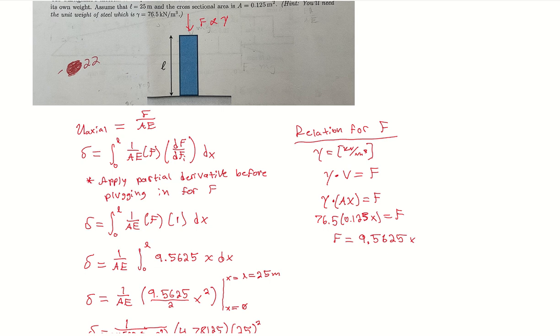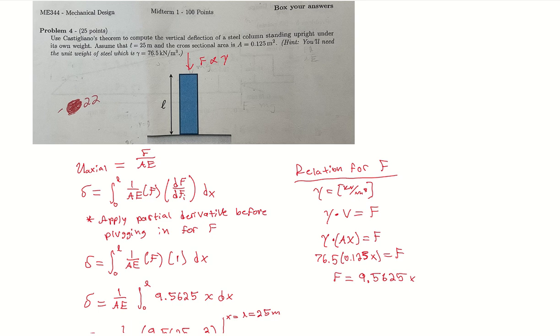Now, to begin the problem, we will start with the strain in the axial direction, equal to force over AE, the area times the Young's modulus of the material. And then, to find the deflection, we will integrate that strain and multiply by the partial derivative of F with respect to F initial.